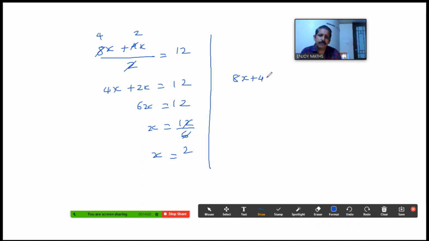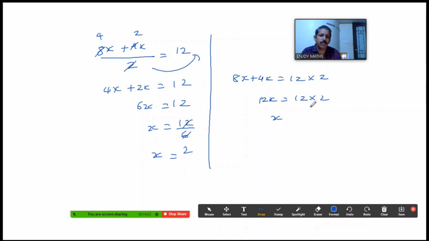Another idea is 8x plus 4x is equal to 12 into 2. So this 12, I can take it this side as 2 multiplication. Now what happens? Let me not multiply this one, keep it as it is. Just the multiplication position is there. This is called 12x is equal to 12 into 2.